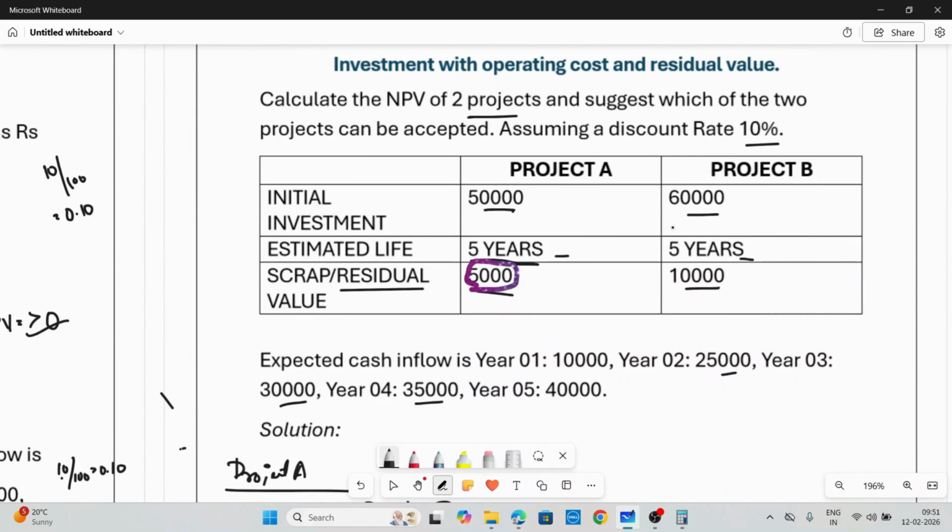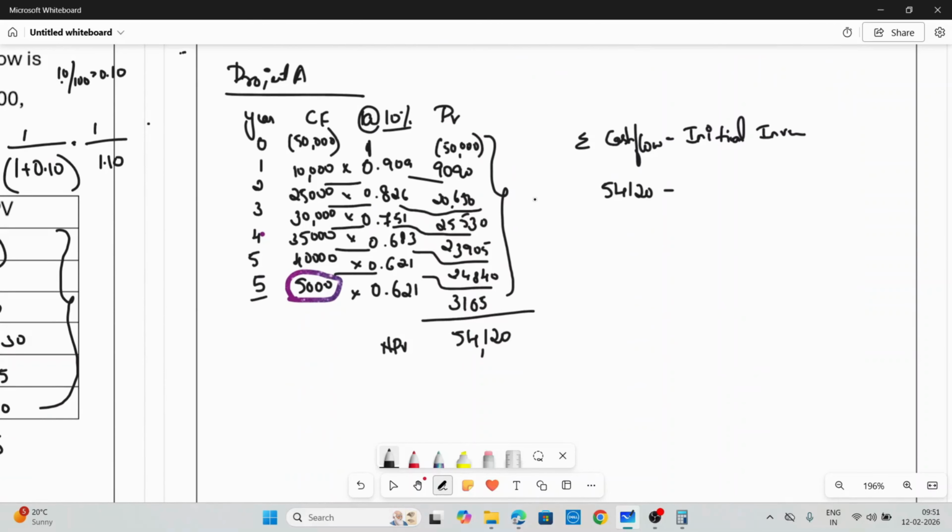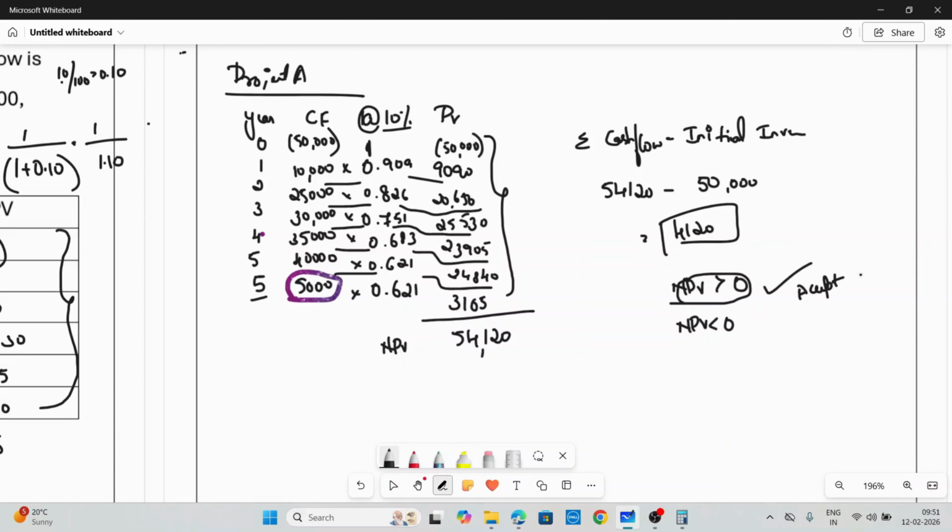It was 50,000 of project A's, right? So 54,000 minus 50,000. It's 4,120 is the difference. Does this satisfy the condition NPV is greater than 0 or NPV is lesser than 0? It satisfies the condition of NPV greater than 0. So we accept this project.